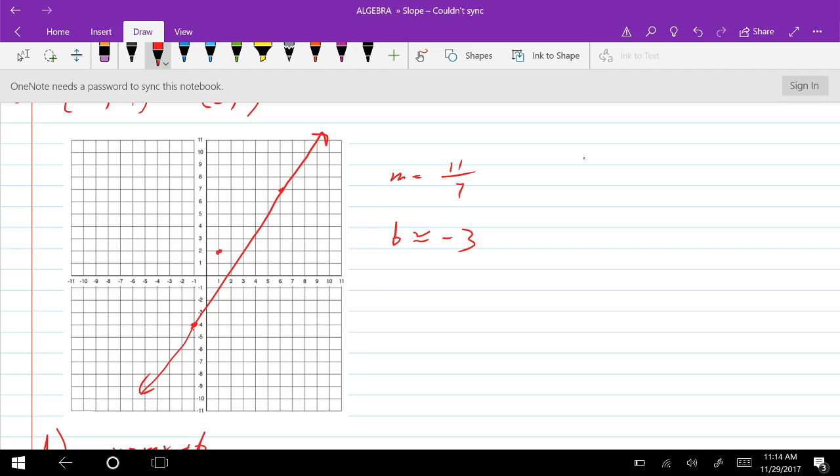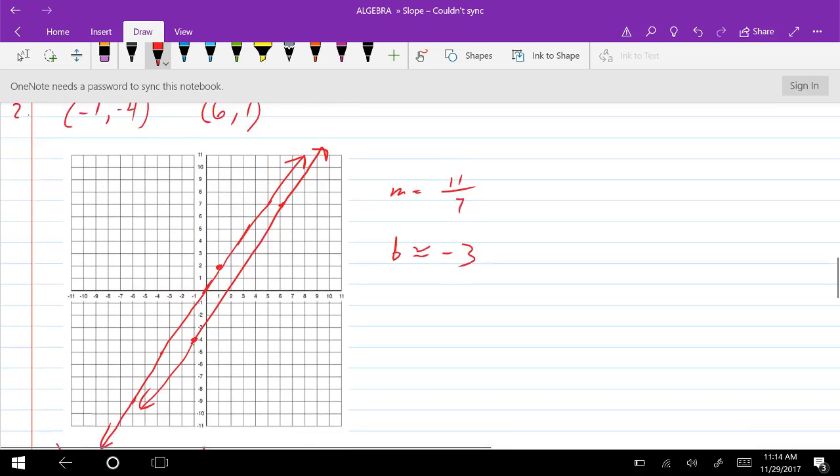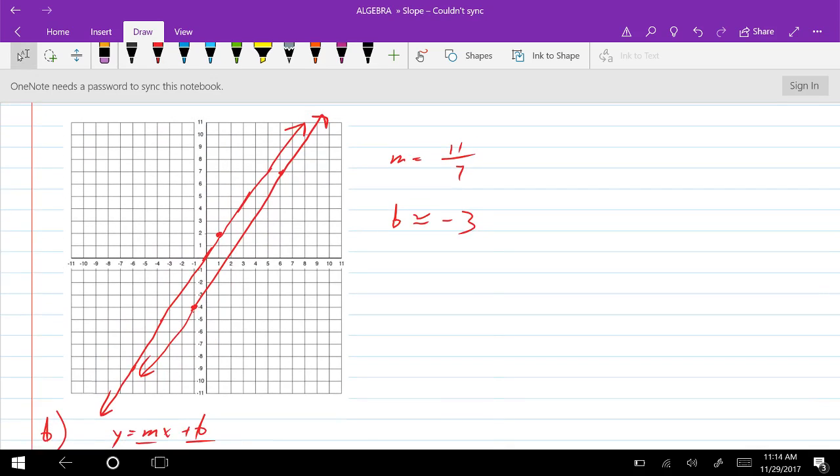I'm going to go left 7 and then down 11. Seems about right. And that's going to be parallel if you use a straight edge.